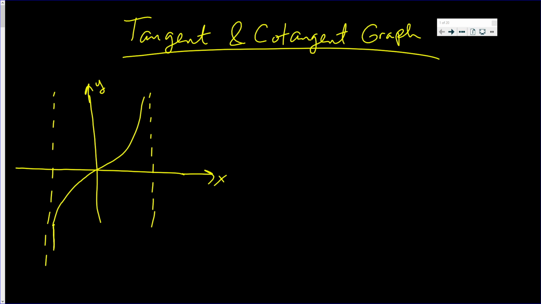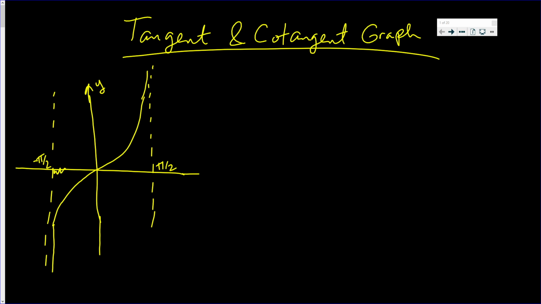It gets closer and closer to this line, and closer and closer to that line, at negative pi over 2 and pi over 2. And as always, it keeps repeating from left to right.